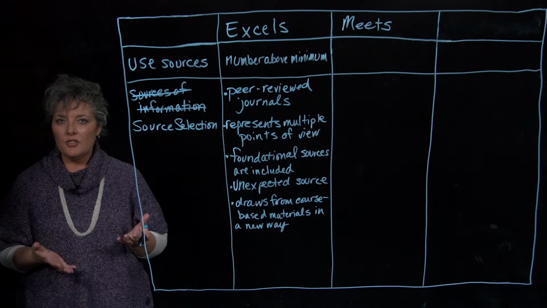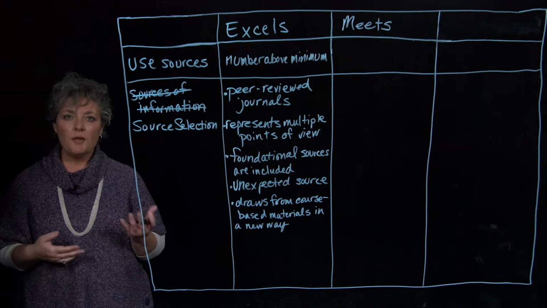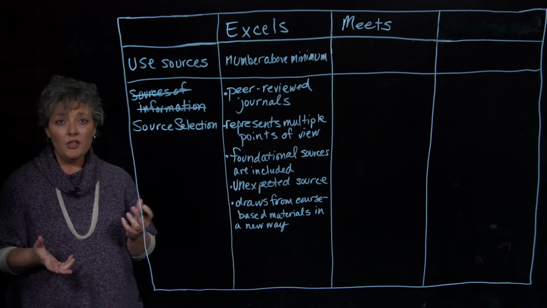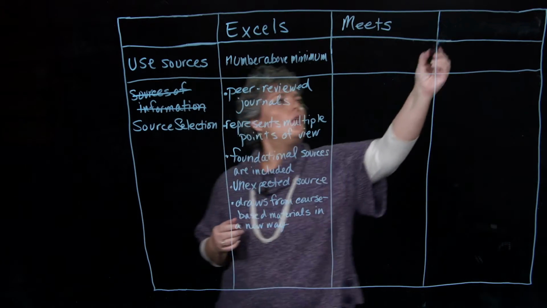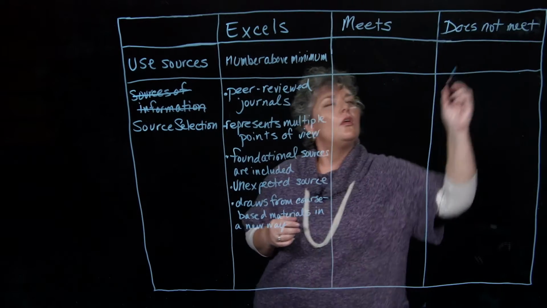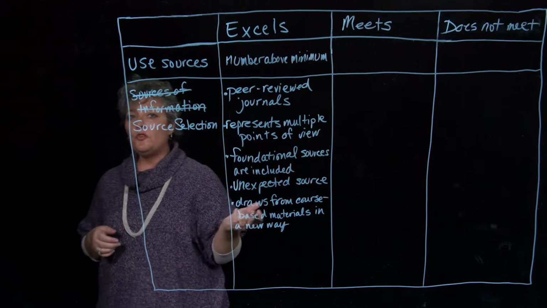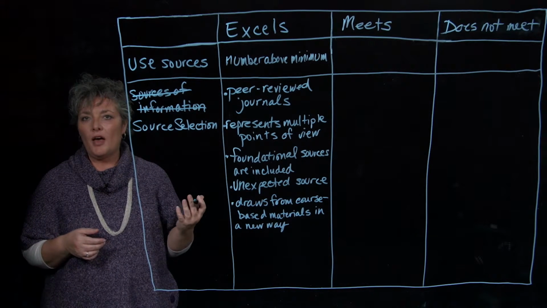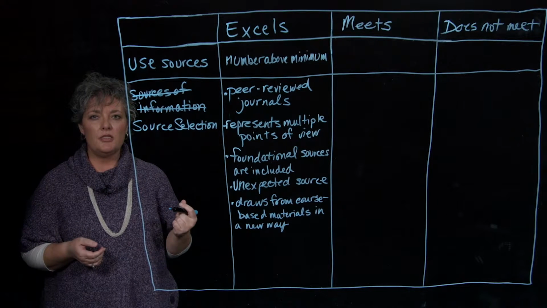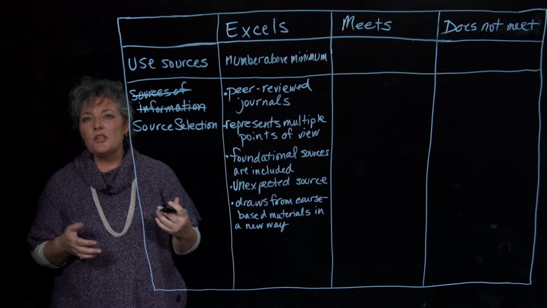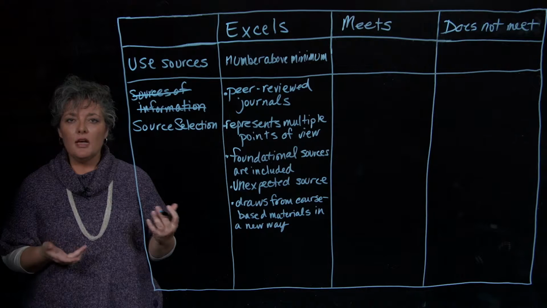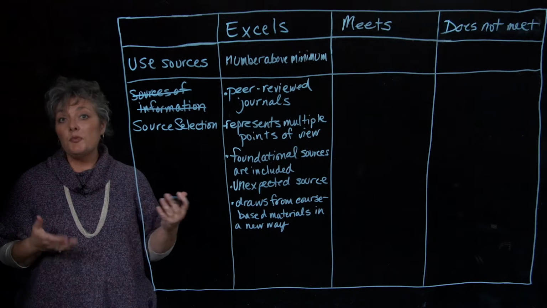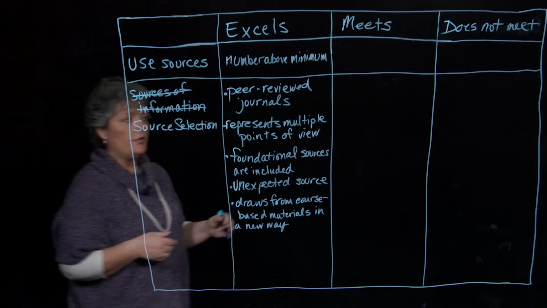Usually the easiest thing to do next would be to go to who does not meet expectations. So if we look at that, using what we wrote for excels, we can think through what would be missing to qualify for does not meet expectations. If we start where we started with types of sources, does not meet expectations uses inappropriate types of sources, for example.